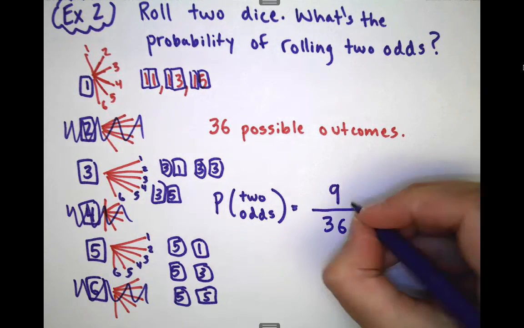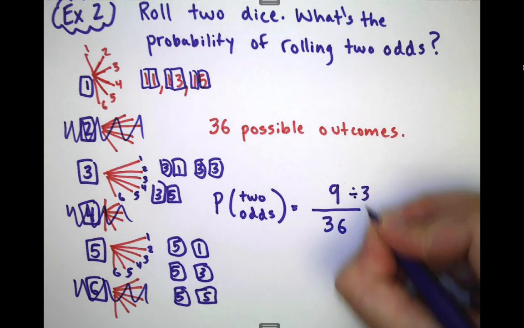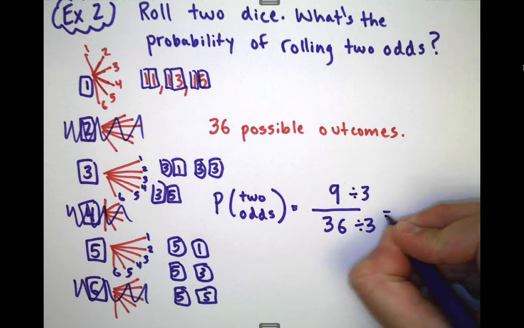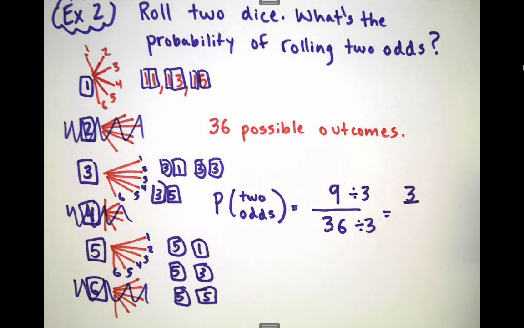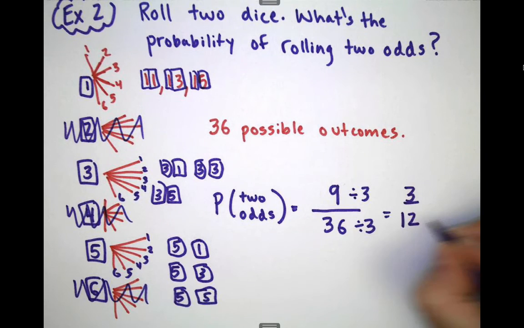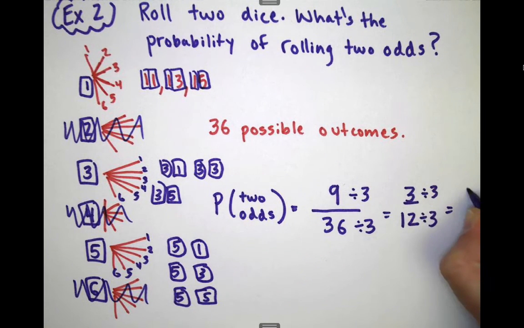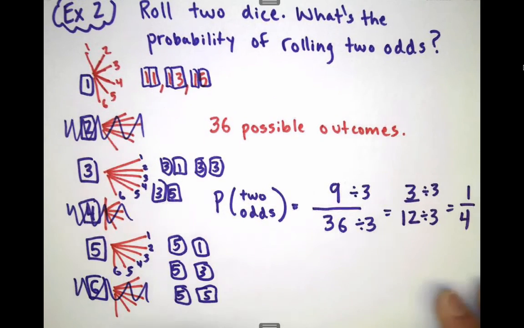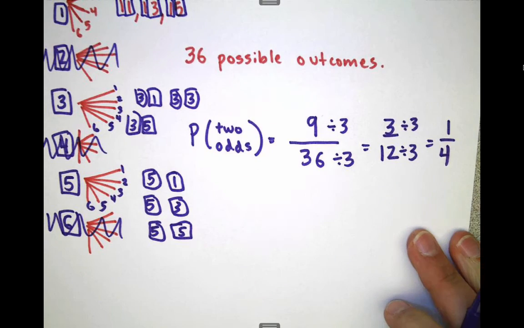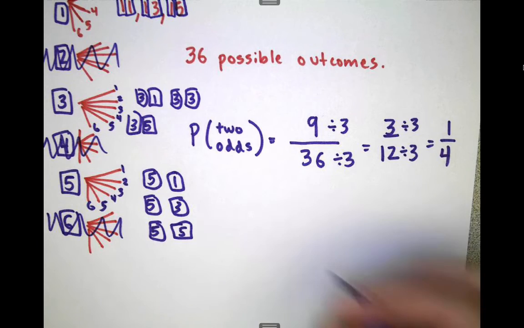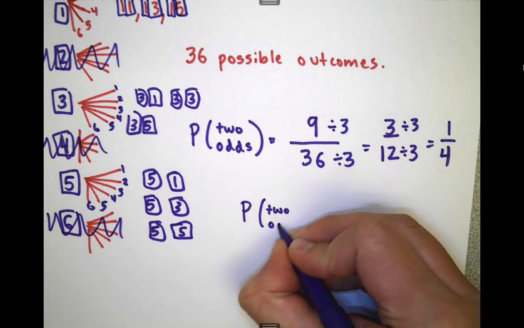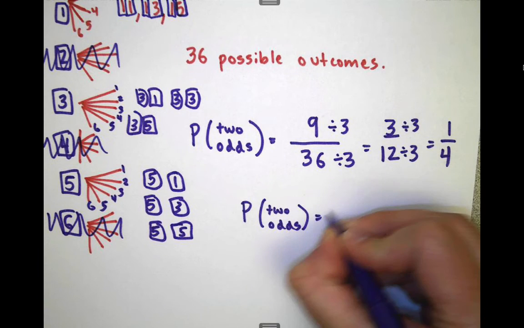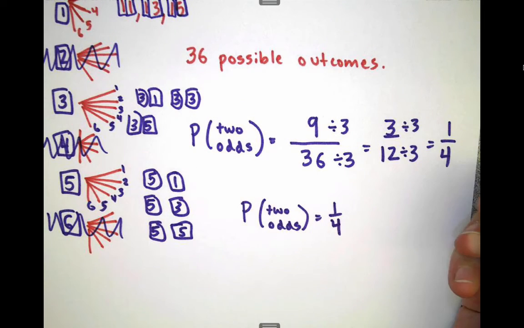Let's divide that down. To simplify, 9 divided by 3 is 3, and 36 divided by 3 is 12. Then we'll get 1/4. Wow, look at that. You actually have a 1/4 possibility of getting 2 odds. So the probability of 2 odds is equal to 1/4, which is kind of similar to the last problem.